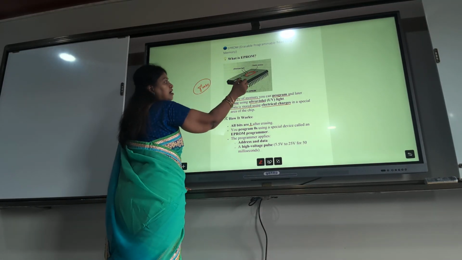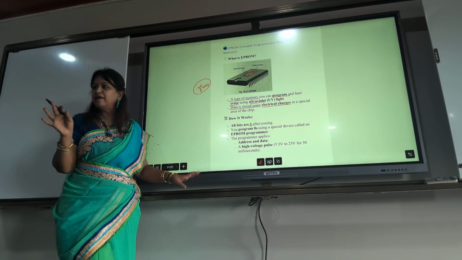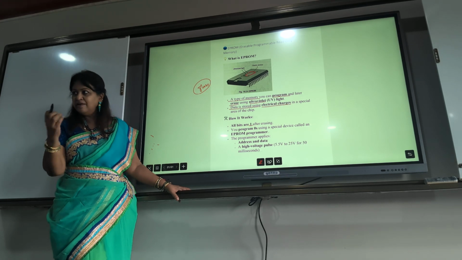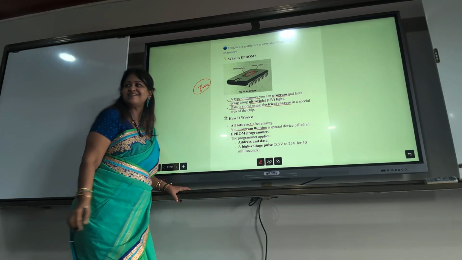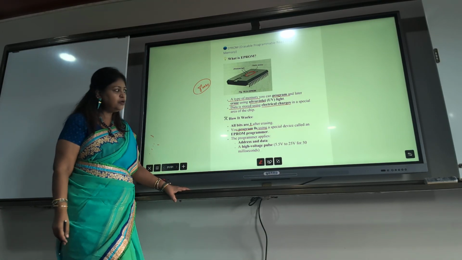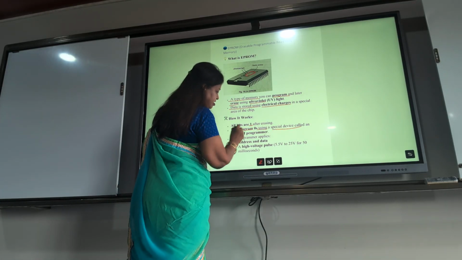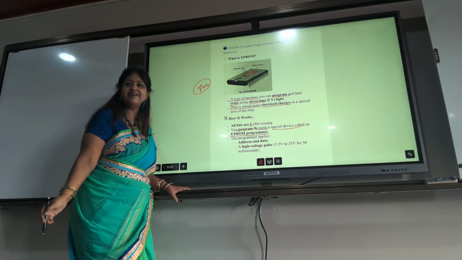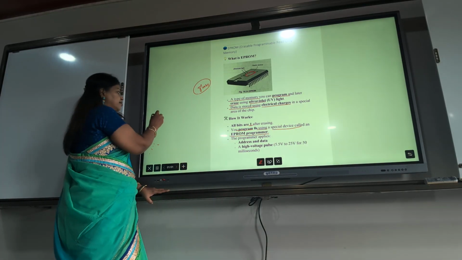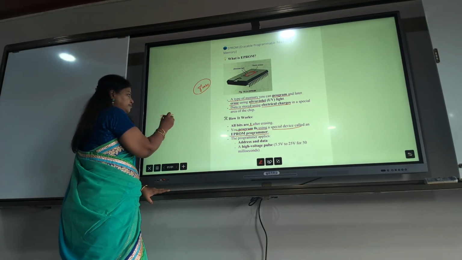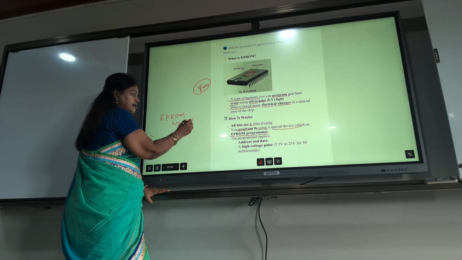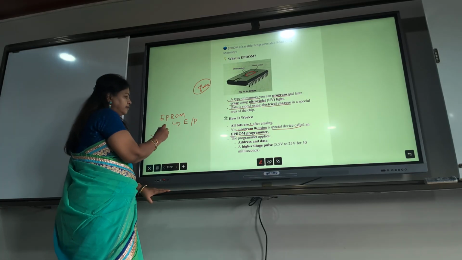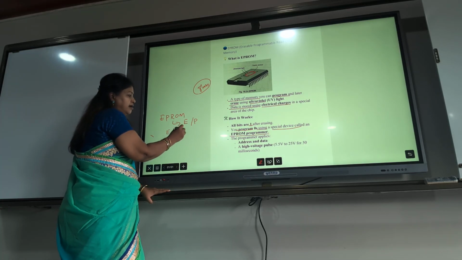After erasing, all the bits will be made 1, like how we had the fuses, where everything is 1. You program zeros using a special device called an EPROM programmer. So EPROM, we can erase and program. For erasing, we use ultraviolet.